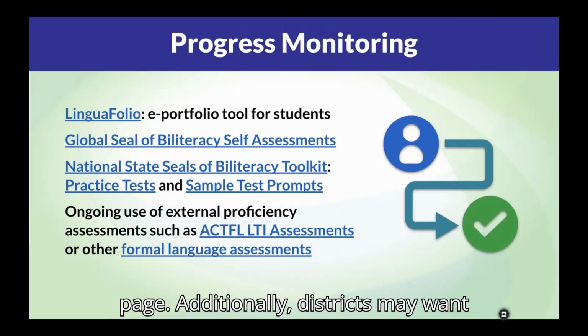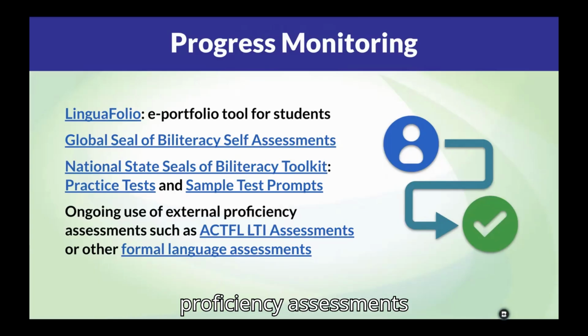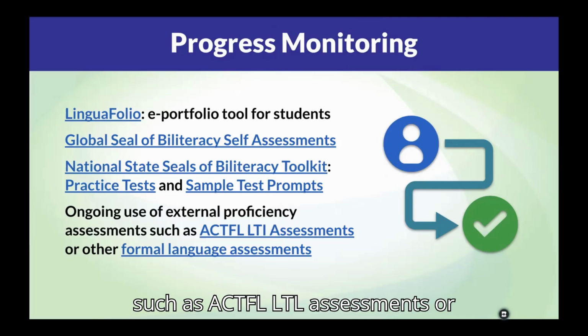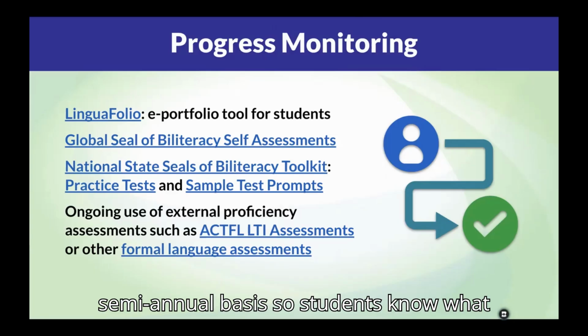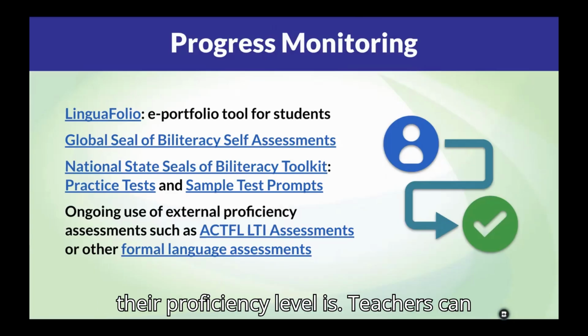Additionally, districts may want to consider giving the external proficiency assessments, such as ACTFL LTL assessments or Avant assessments, on an annual or semi-annual basis so students know what their proficiency level is.